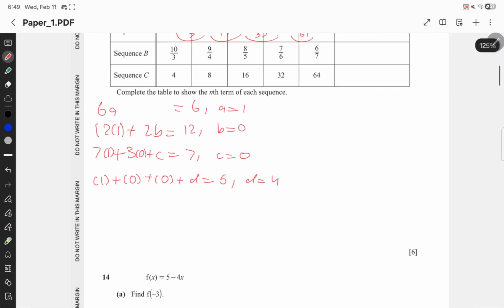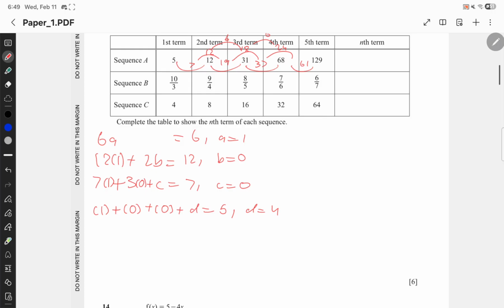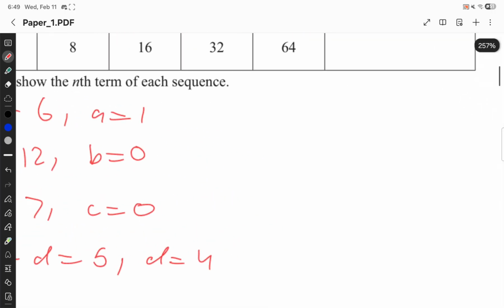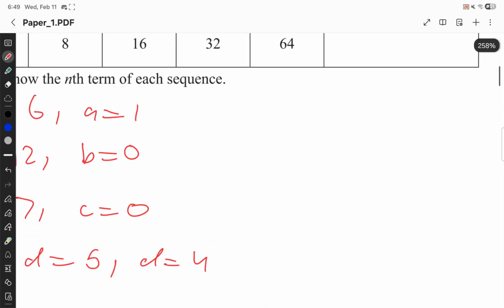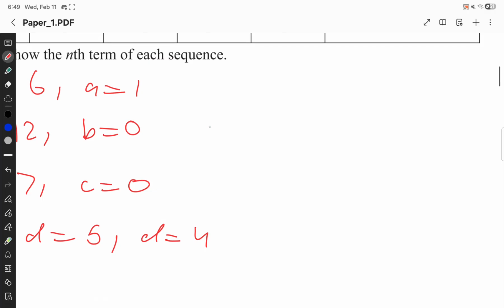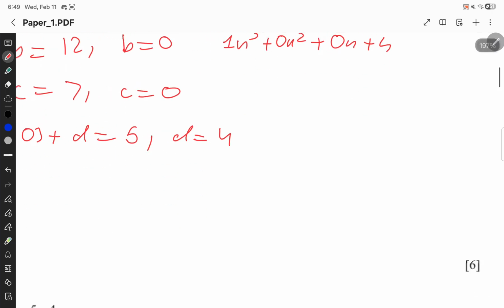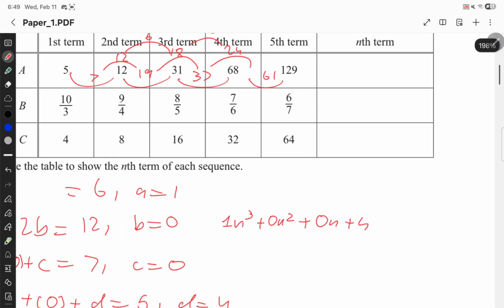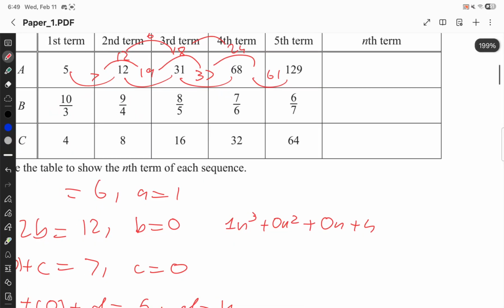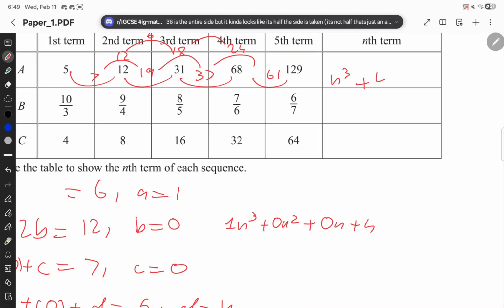Okay, and so we found the coefficients of the cubic. So it is 1n cubed plus 0n squared plus 0n plus 4, and in our answer, this is n cubed plus 4.